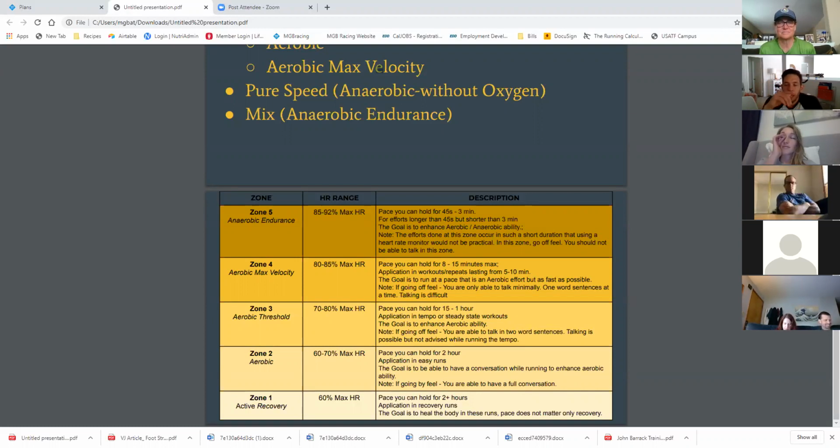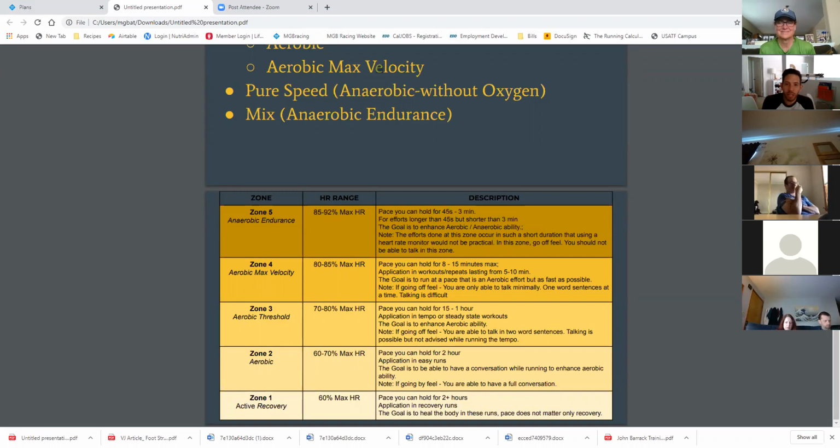Now, some of you might not be in that zone when you're doing shorter repeats. Let's say you're doing a 400. You're never going to get to that zone in terms of heart rate because your heart rate takes a little bit of time to get up into that zone. I'll explain some more, but I'm already thinking ahead.